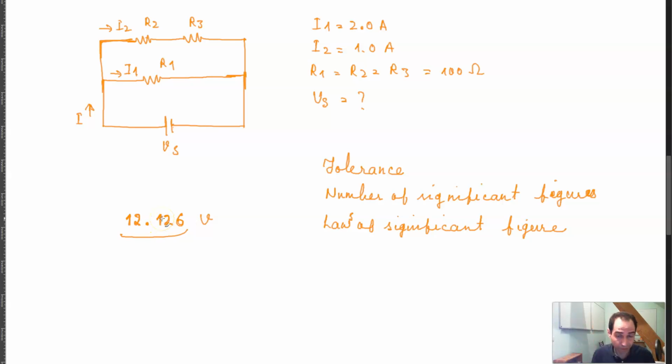And of course, in all kinds of measurements there is the same concept.